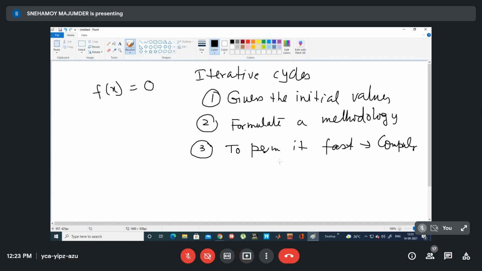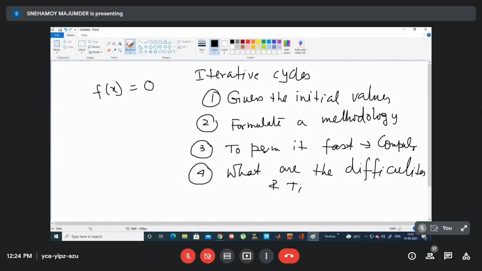Number four, what are the difficulties to do so, and the time taken. Finally, which is very important, when and how to stop. When and how to stop.